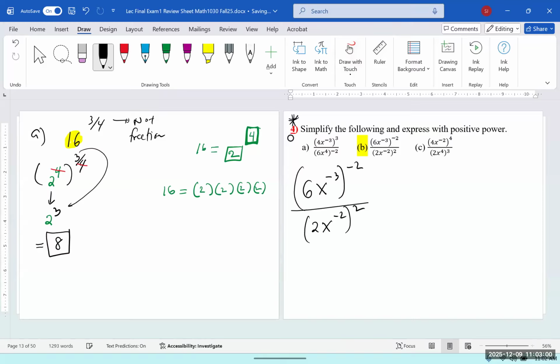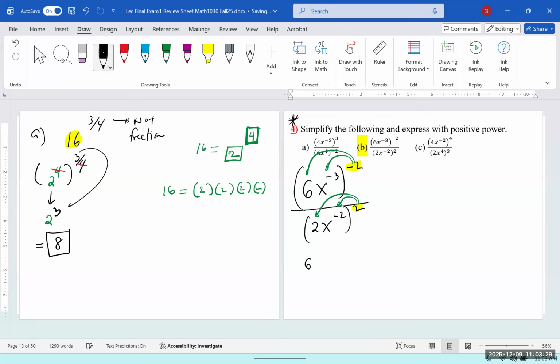So this is a combination of all the exponent rules. First step, we have some outside powers, so we are going to distribute that into our base. So the numerator is negative 2, we distribute on the numerator. The denominator is positive 2, so we distribute on the denominator.